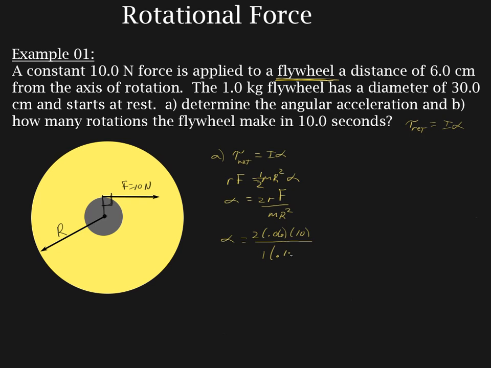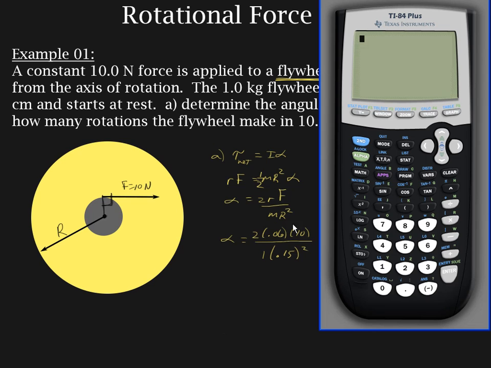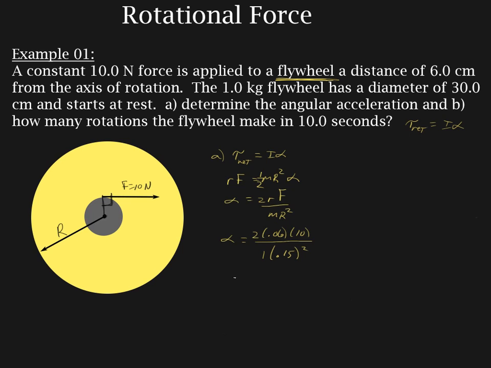So that's 0.15 meters, and that quantity is going to be squared. So the angular acceleration is going to be 2 times 0.06 times 10 divided by 0.15 squared. And we're going to get 53.3 radians per second squared. Okay, so that's the answer to part A.